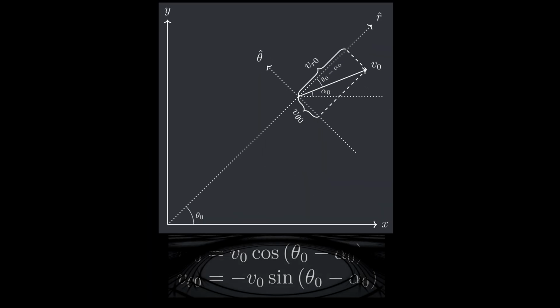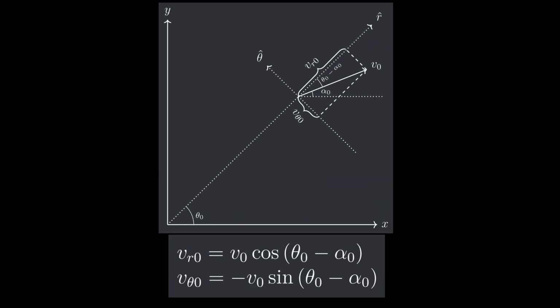The component of v0 along r cap is vr0 equals v0 cos(theta0 minus alpha0), and the component of v0 along theta cap is v theta 0 equals minus v0 sin(theta0 minus alpha0). The minus sign comes as the angular component is opposite to the direction of theta cap.